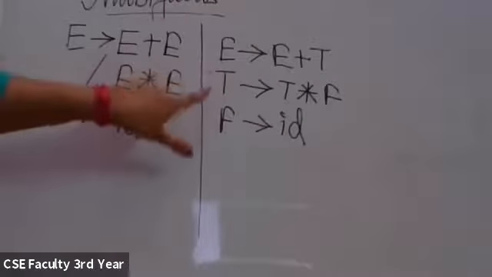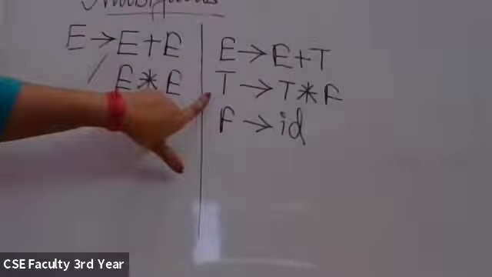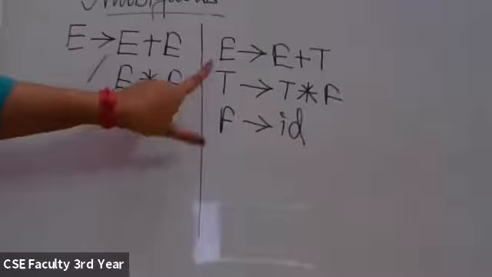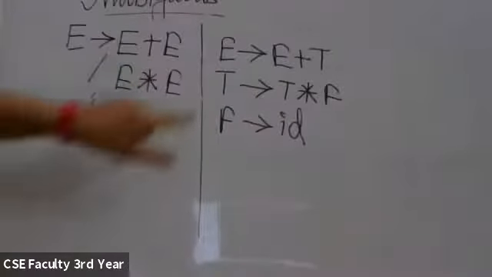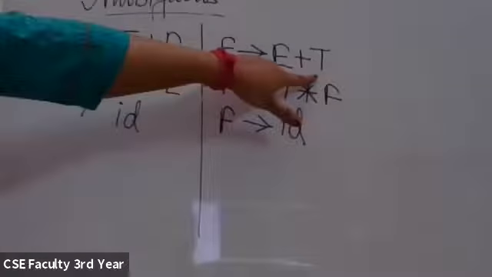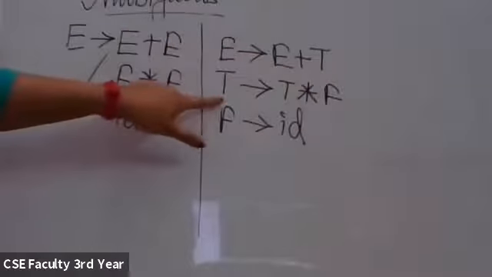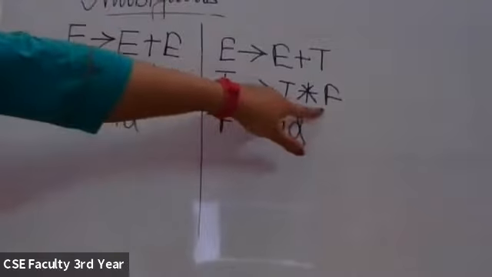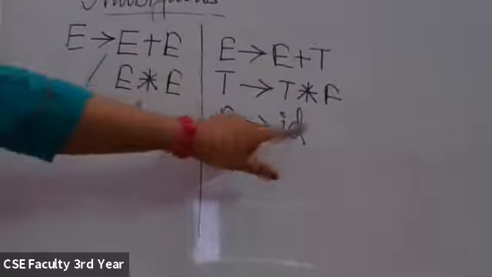So associativity wise, it is okay. Any doubt? No, ma'am. Now talking about precedence. This is the first level, this is the second level, that means lower level, and this is finally the third one.